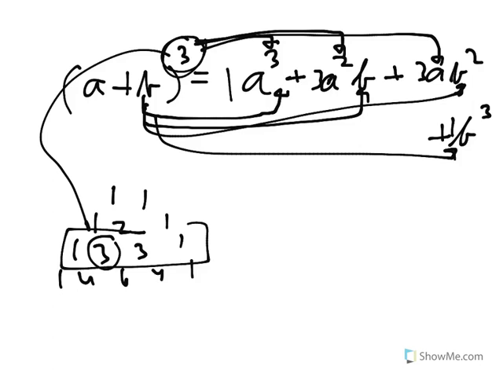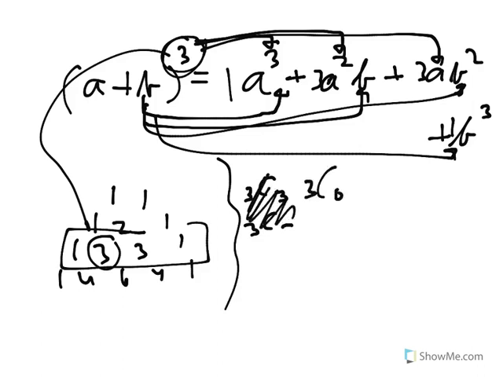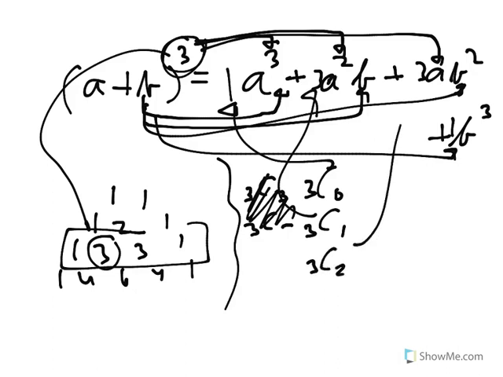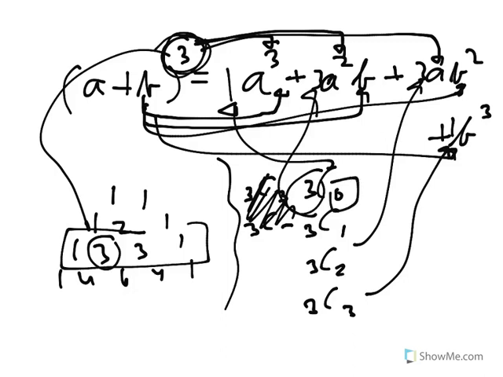The other place that you could get these numbers is by doing combinations, where the four numbers are 3C3, sorry, I have to go in the opposite direction, 3C0, 3C1, 3C2, and 3C3, where the 3 is the exponent that you're raising the binomial to, and the 0 is the power on the b.